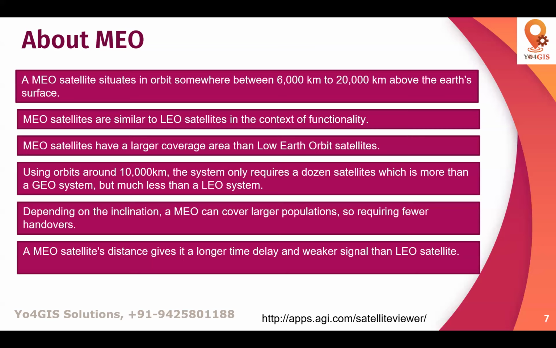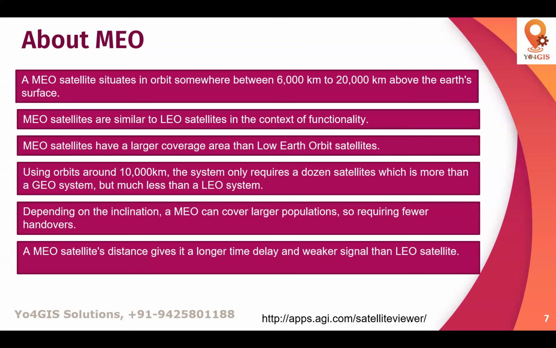Depending on the inclination, a MEO can cover large populations, thus requiring fewer handovers. What is the meaning of this? If you are getting the data exactly from the top of the Earth, and if you try to get the data with some inclination, then we will cover more area.